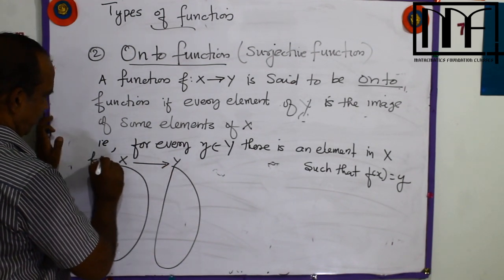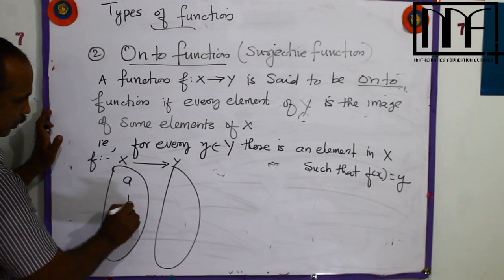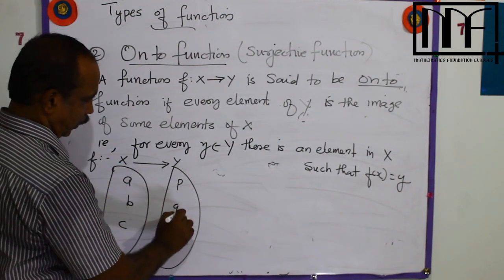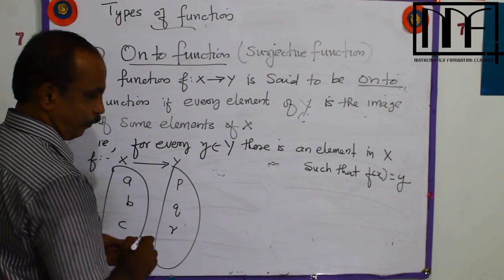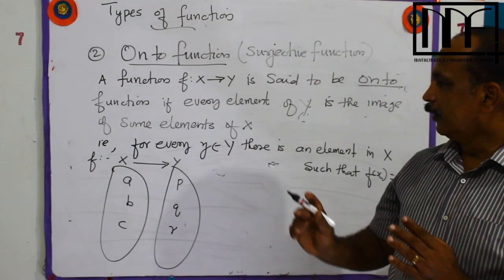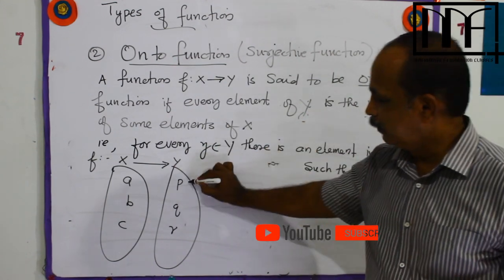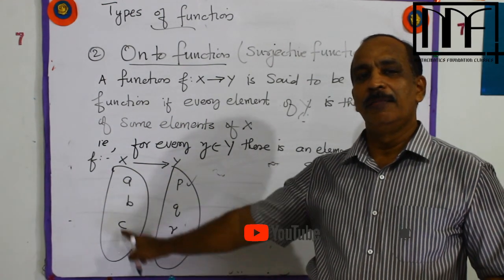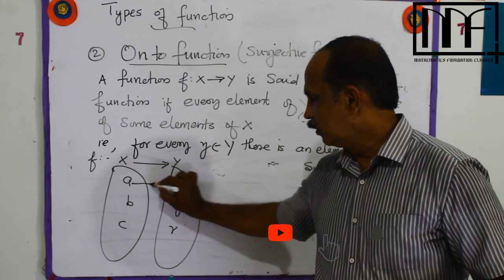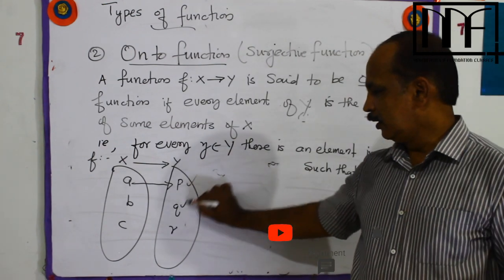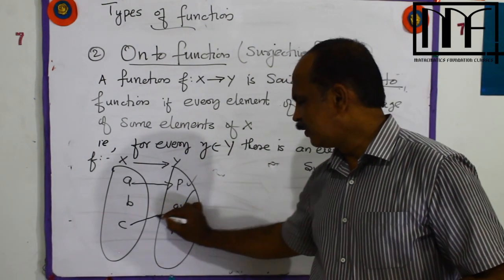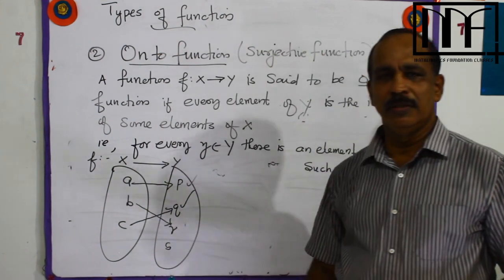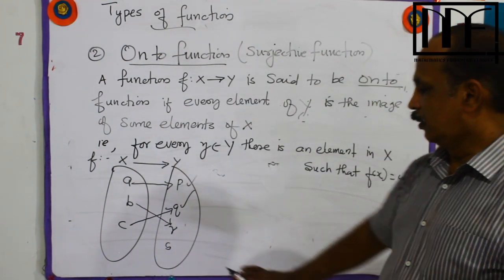It's a function from X to Y. Now A, B, C are the elements of the domain set, and P, Q, R are the elements of Y. Now here the definition says that every element of Y, that is P, is the image of some elements of X, so P must be the image of some element here, either A or B or C. Let it be A. And Q, again, must be the image of, say, C. And R, the image of B. Earlier we found that sometimes S is left not used in the set. So that is not possible here.